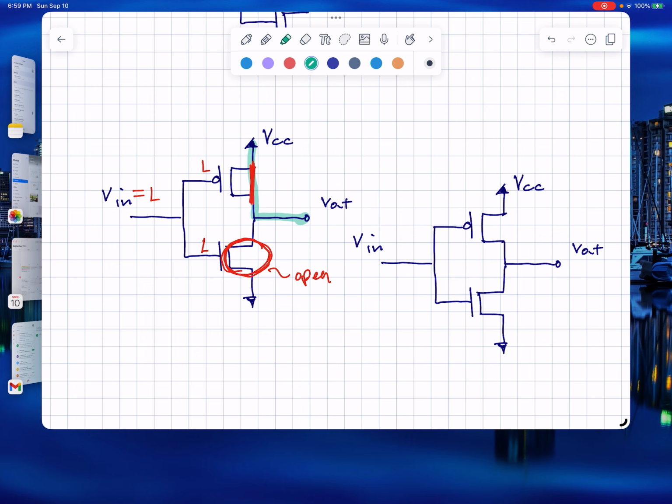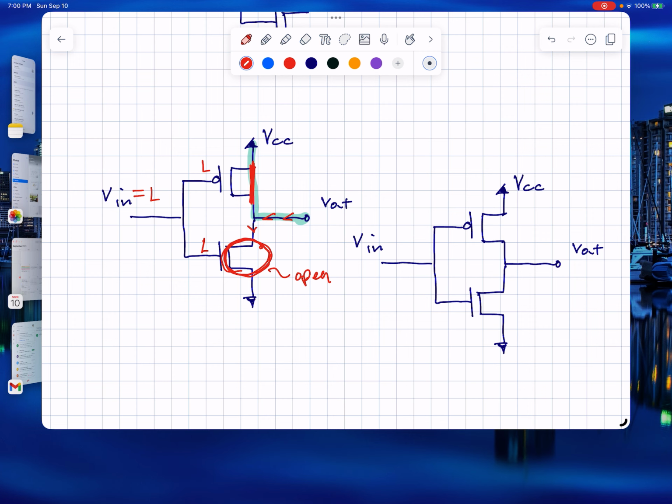There are some exceptions to that, but look for paths that take you between VCC or ground. Notice I can't go this way. If I'm going this way, I run into an open circuit and there's no place for current to flow. So there's not a path of connection between Vout and ground.